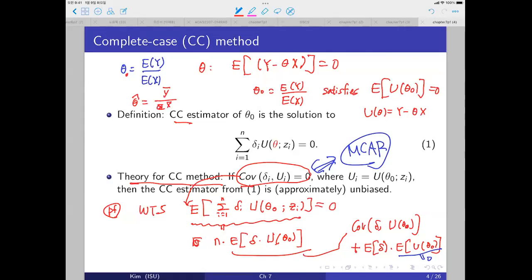You have a sample. So this is not exactly unbiased, because the numerator is unbiased for the expectation of y and the denominator is unbiased, but the ratio is not really unbiased because of the nonlinearity. Because the estimating function could be a nonlinear equation, you cannot really guarantee that the solution is unbiased, but it can be approximately unbiased.